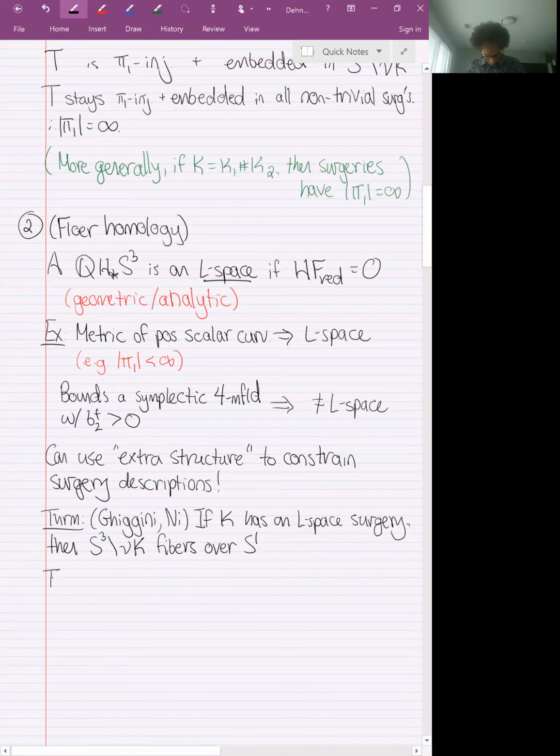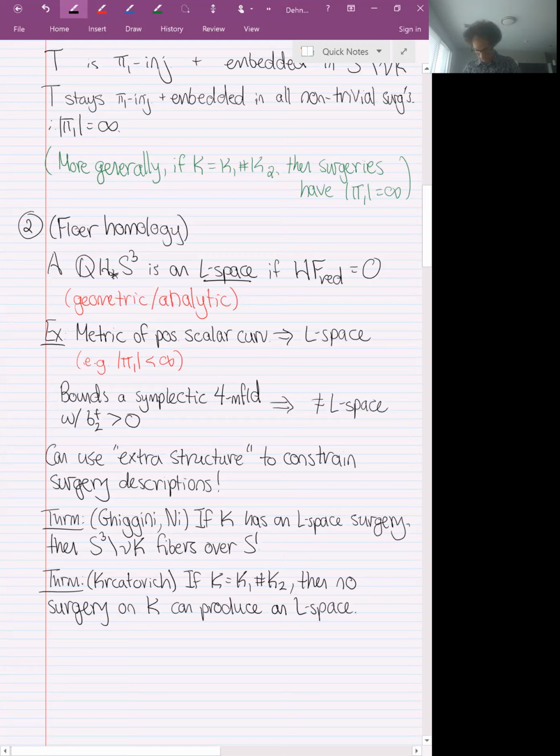Now, I'll point out that actually there is a little bit of overlap with the results that we just saw coming from essential surface theory. So for instance, we have the following theorem of Krasatovich, which says that if a knot is a connected sum of 2 non-trivial knots, like the square knot that we saw above, then no non-trivial surgery on K can produce an L space.